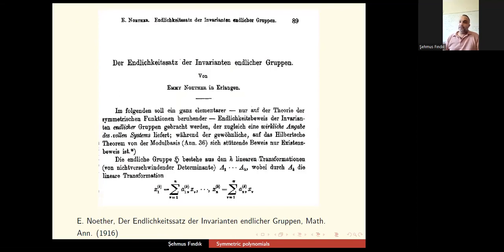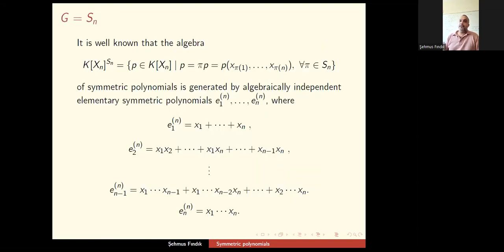In particular, if we take the subgroup G as S_n, the permutations, visualizing each permutation as an n by n matrix, then this algebra is also finitely generated, and the explicit generators of this algebra are given in this way.